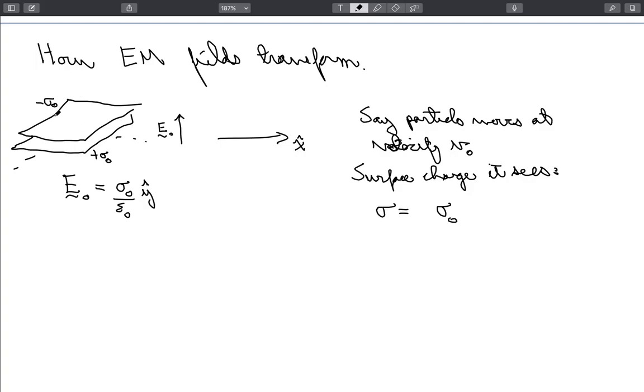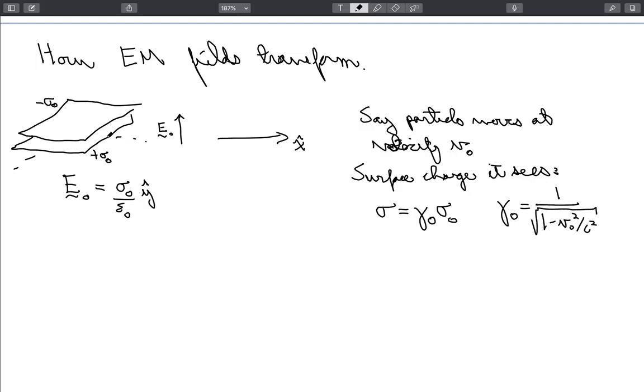And if I've got a uniformly charged plate and I contract it in any direction whatsoever, I still get a uniformly charged plate, but with a charge density that has increased by the contraction factor. So essentially now the new sigma that the particle sees is corrected by this gamma 0, where gamma 0 is just the factor associated to moving with velocity v0. Okay, so I've got this relationship here.